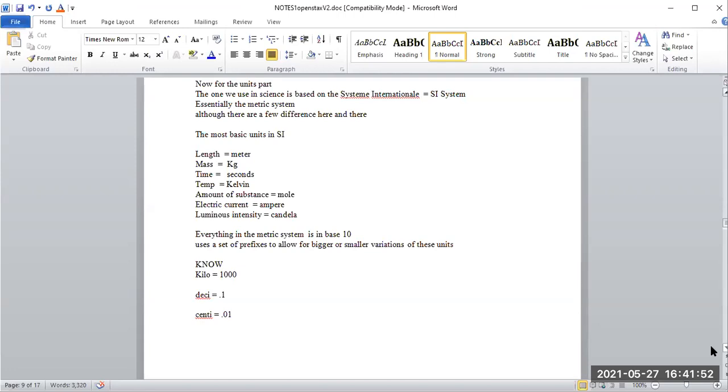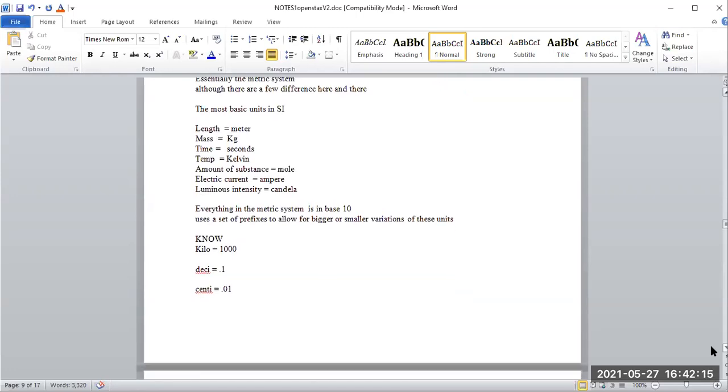Time is in seconds. Here's another subtle difference. Temperature is not Celsius if it's SI, it's Kelvin. Celsius is just straight up metric. Moles, amps, candela, if we're talking about how bright your light bulbs are.